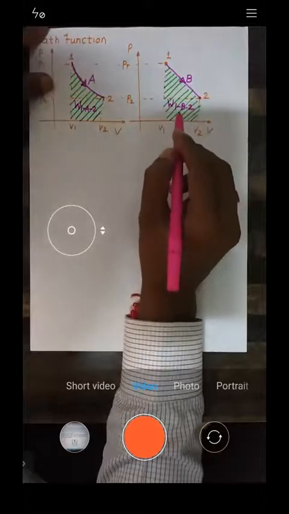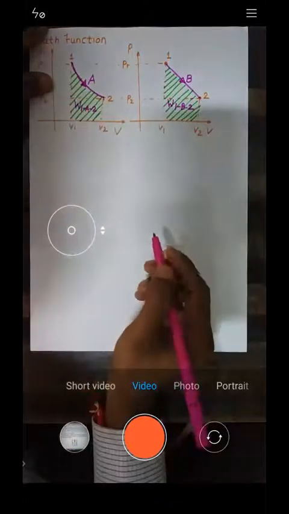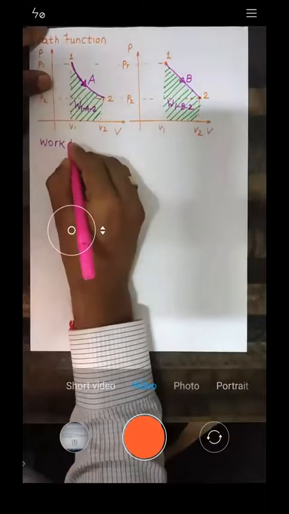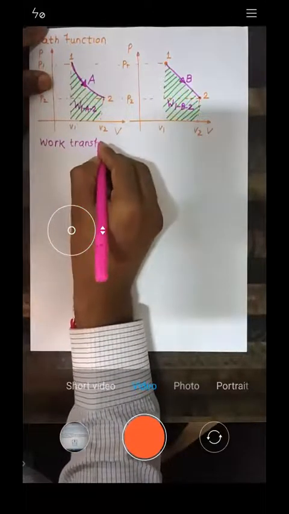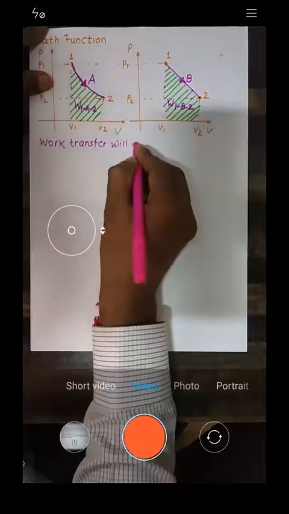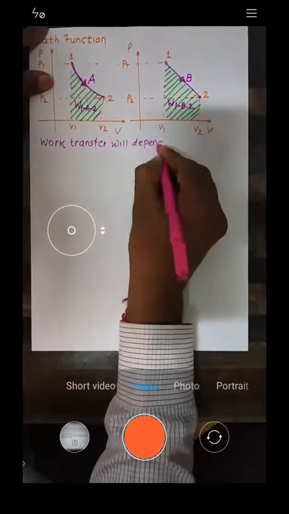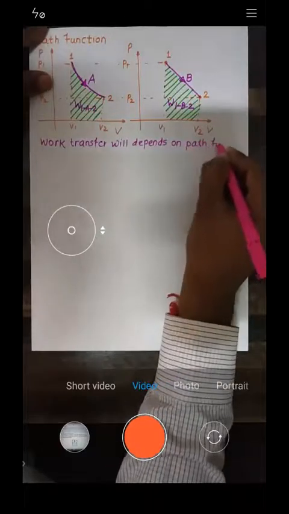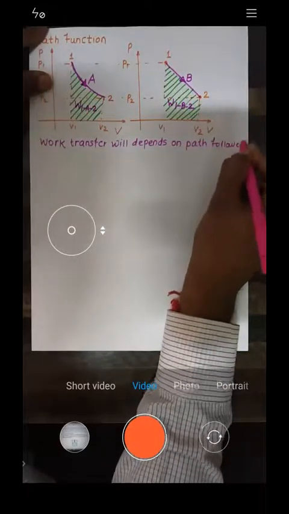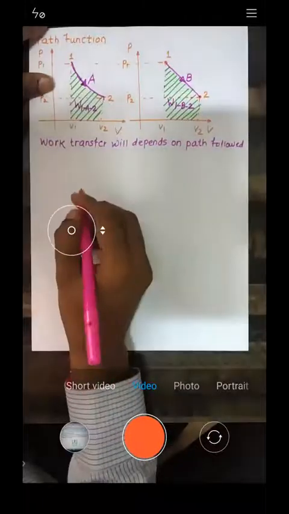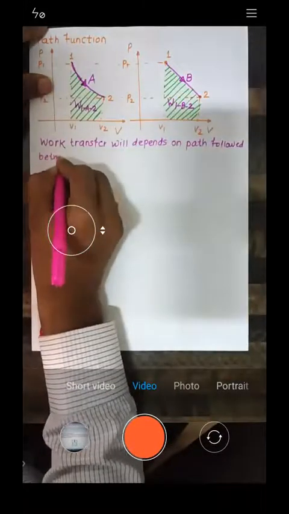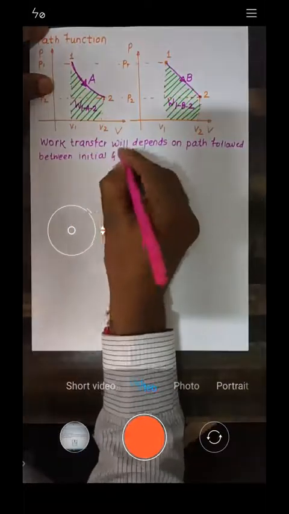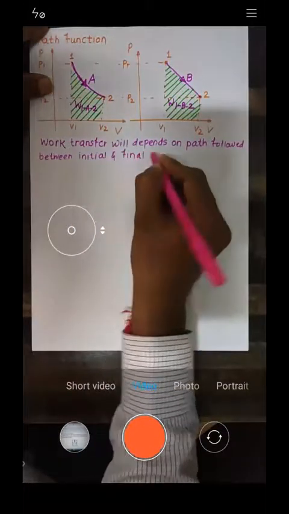That means the work transfer will depend on the path followed between the initial and final state.